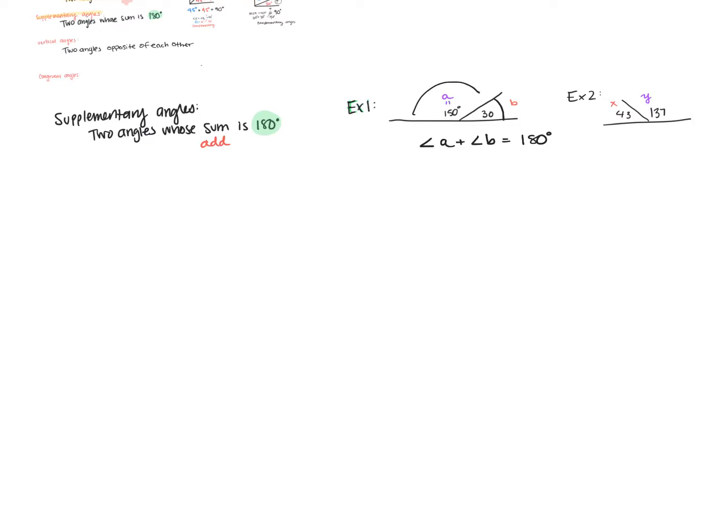Measure angle A is 150. So let's substitute 150 plus measure angle B is 30 degrees. And does 150 plus 30 equal 180? Yes. So therefore, these are supplementary angles, meaning that they add up to 180.